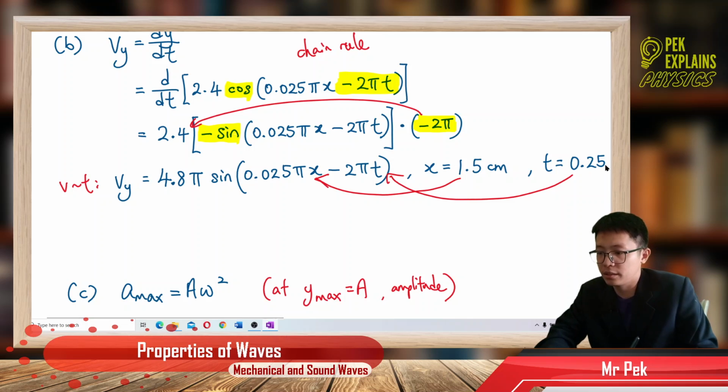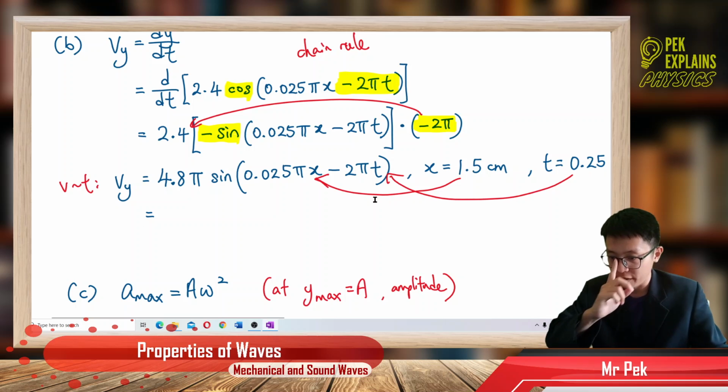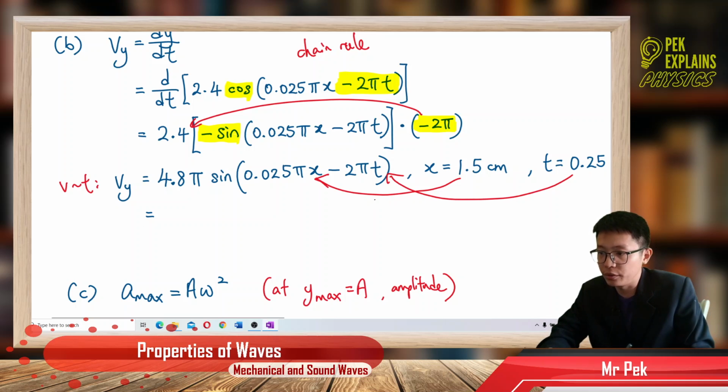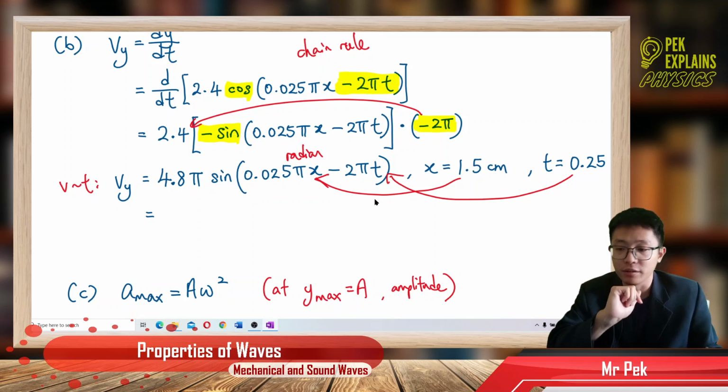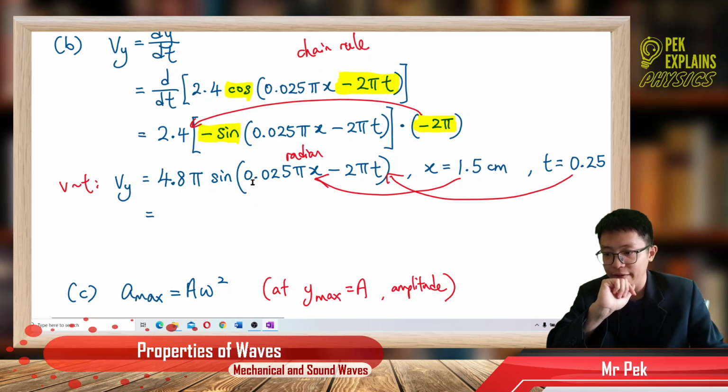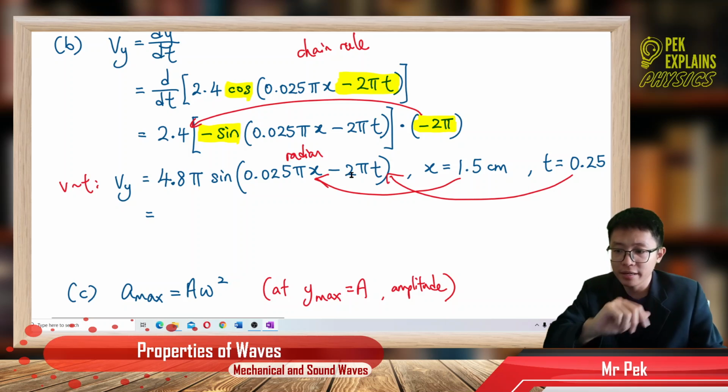Okay, let's do it. So we substitute. After we substitute, don't forget your calculator is in radian. Everything must be in radian. Understand? Don't put degree, because it's pi.